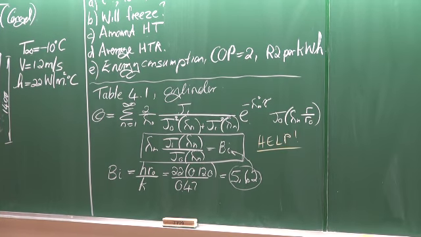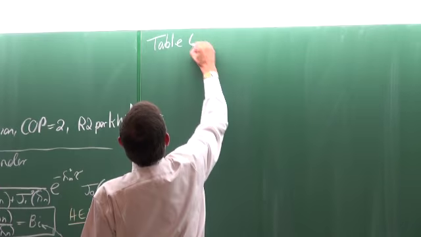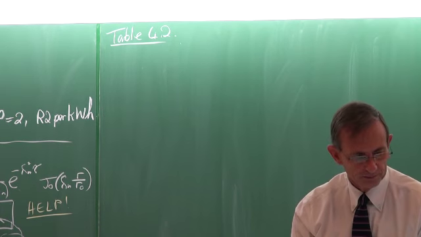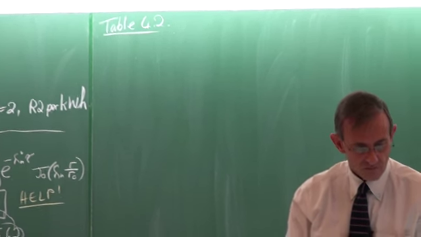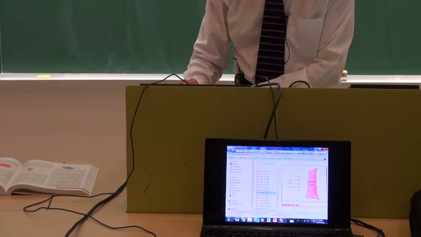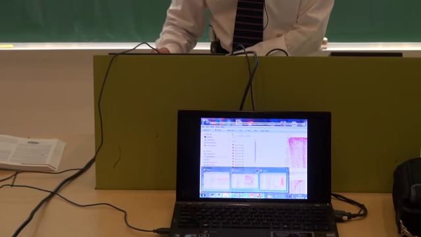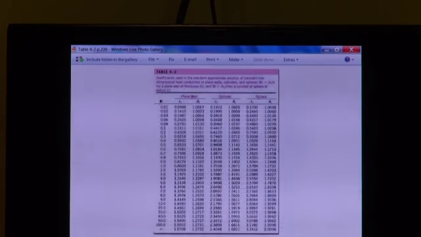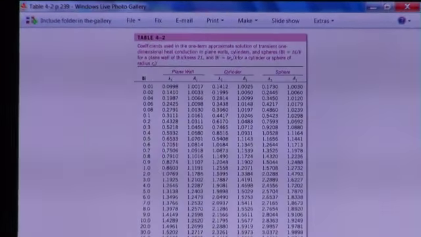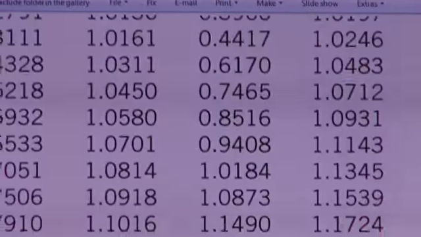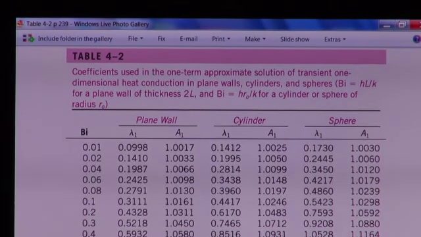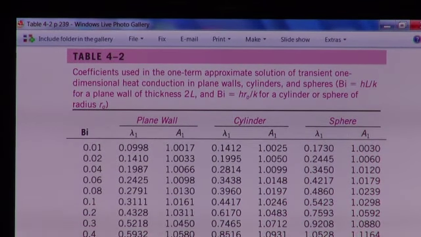Now, fortunately, in table 4.2, if I can enlarge that a little bit for you, some of these values are given.